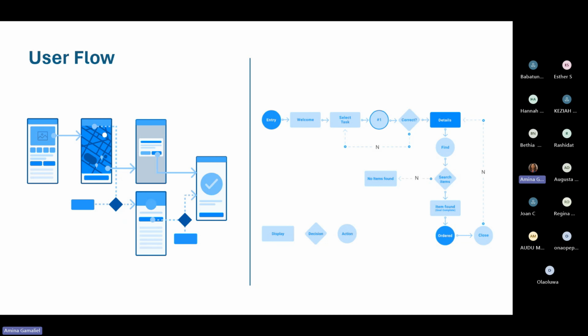But there are situations where you want to explain your user flow. This is also, if you look at my right, a feature on Figma. Maybe because you don't want to do a full-blown navigation, like using the screen itself.